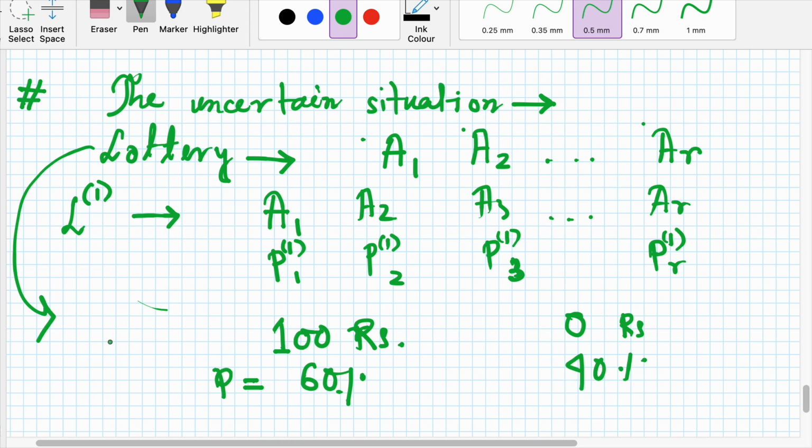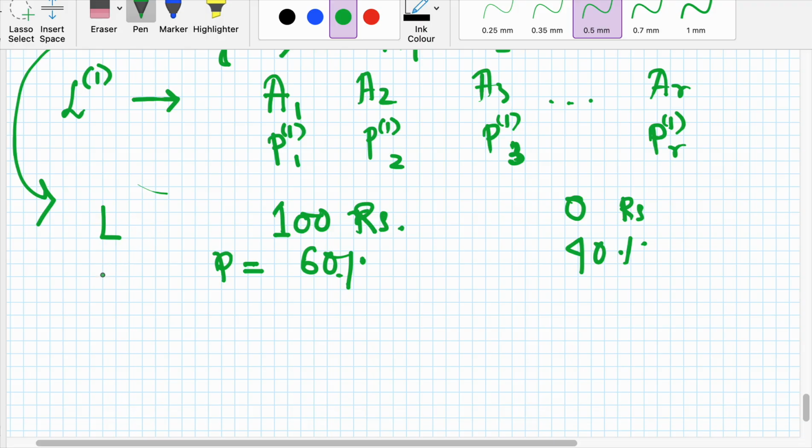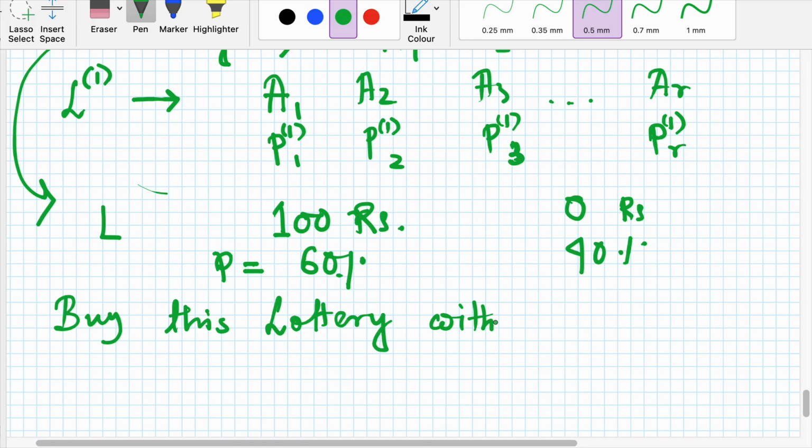So this is a lottery. Now the question is whether or not I will buy this lottery, suppose for 50 rupees.